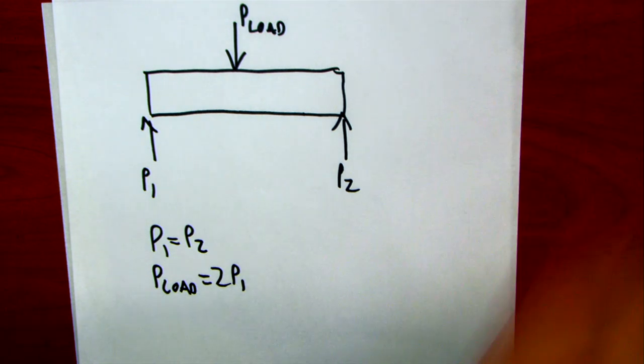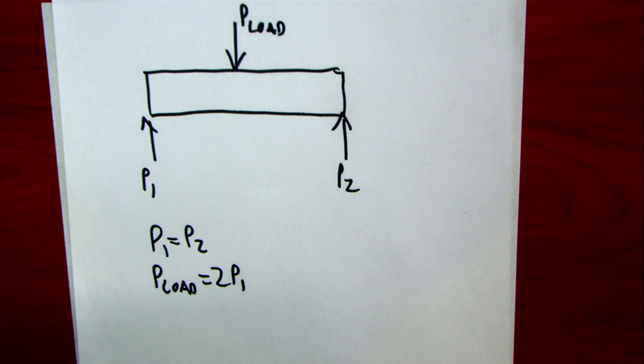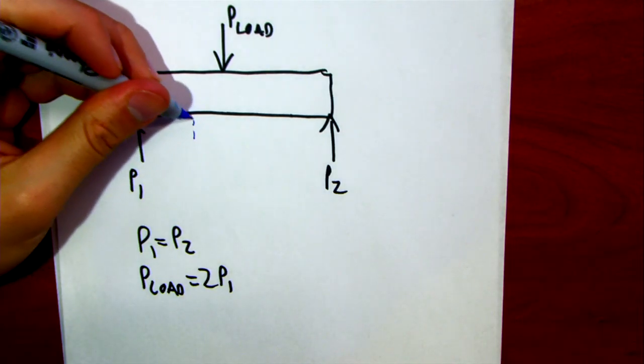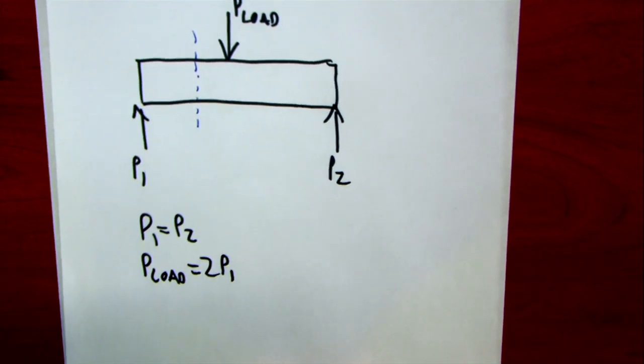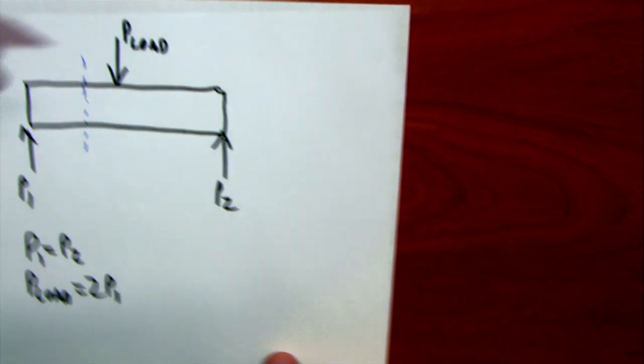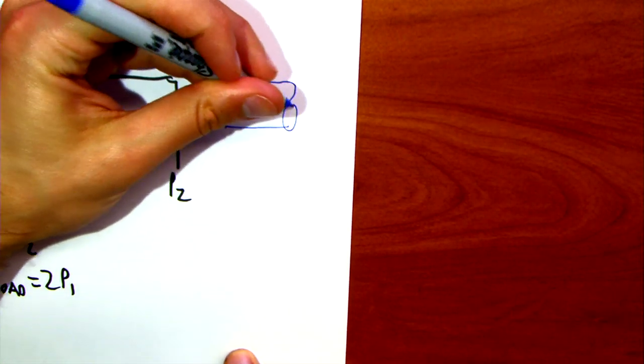Now what we have done with this is we've said, okay, I can draw a section through whatever part of this I want.